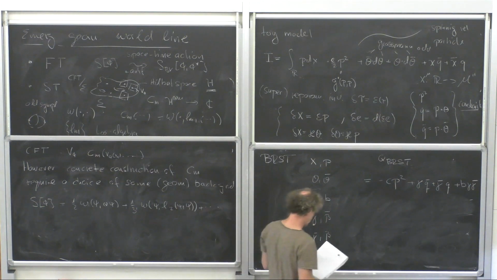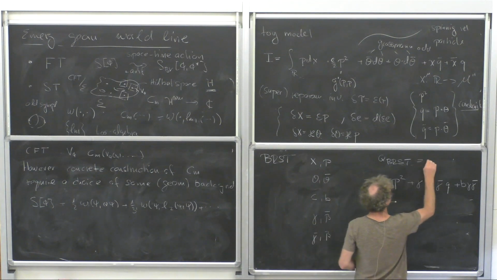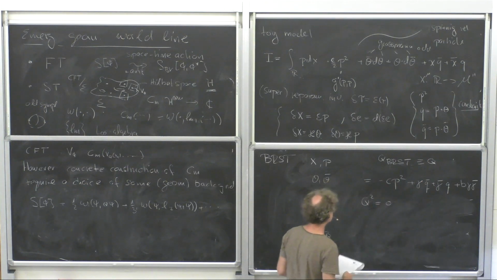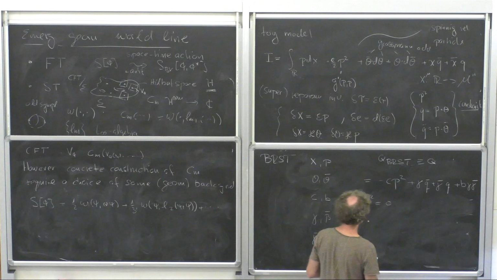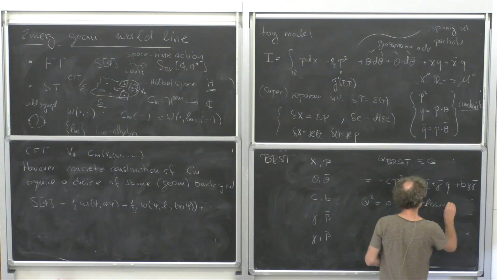And this squaring to 0, okay, I will no longer write, I just write it as Q. And then Q squares to 0 means what? Means that the constraints close. Of course, this implies the closure of the constraint algebra.